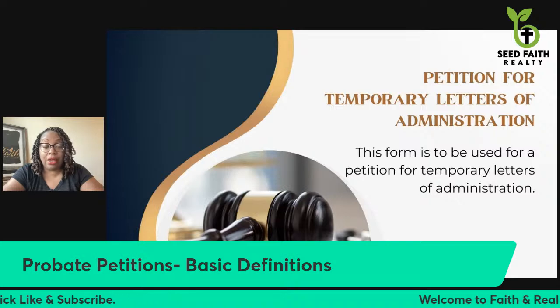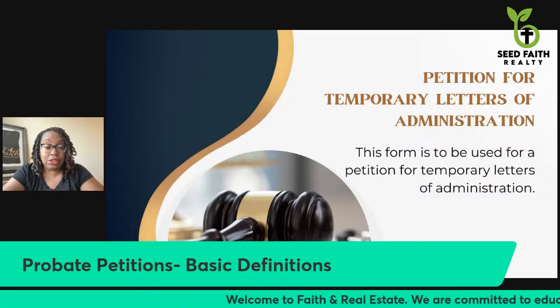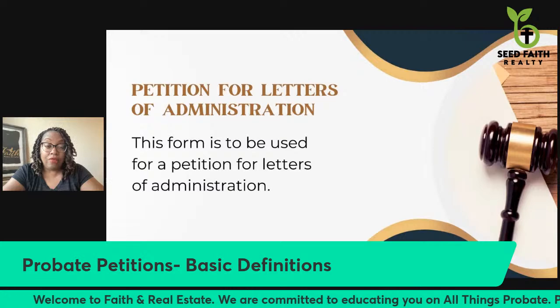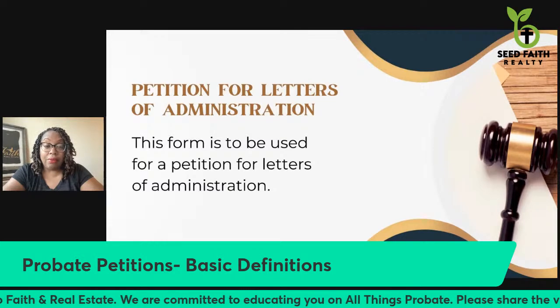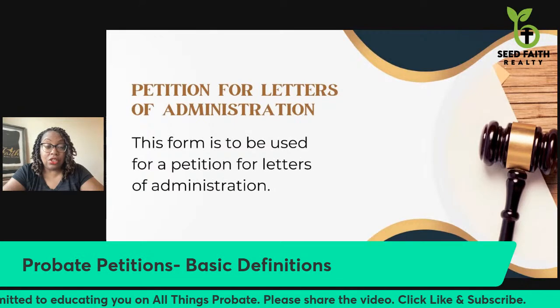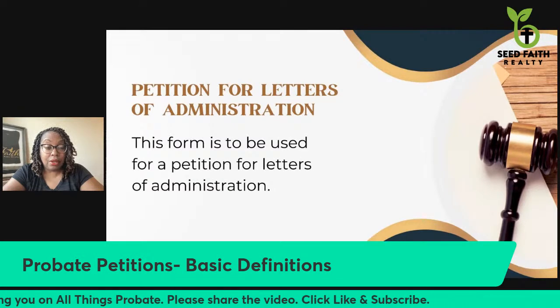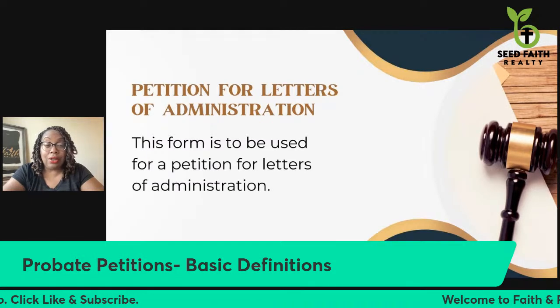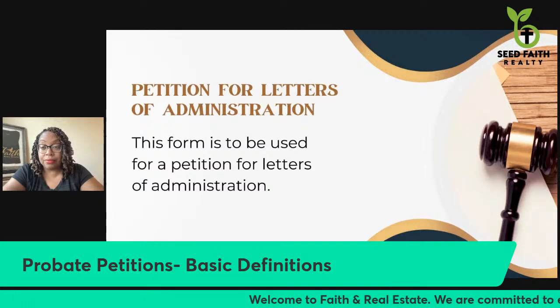So there's a temporary petition. And then, just like here on the next slide, there's one for the general letter of administration. So in some cases, you would need to just do a temporary letter of administration. And to decide when you want to do that, again, you want to definitely speak to an attorney. But there are two different types.